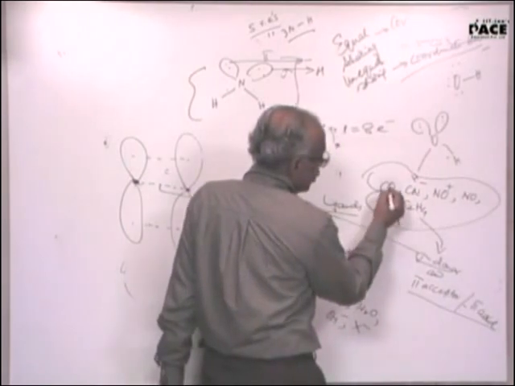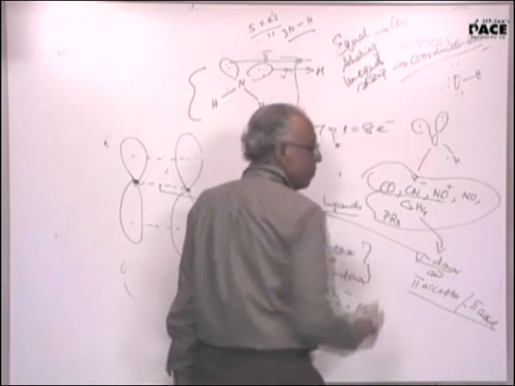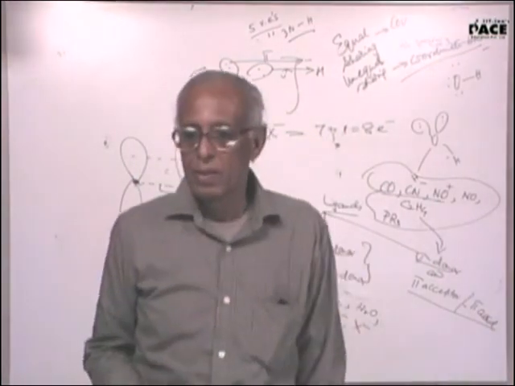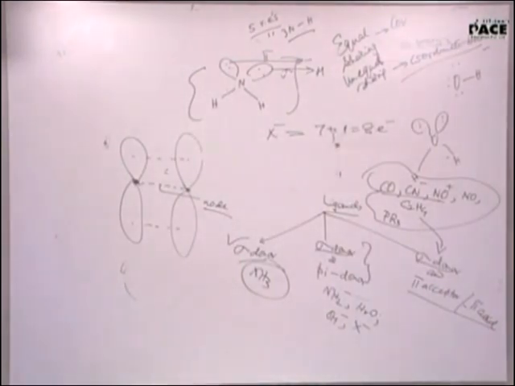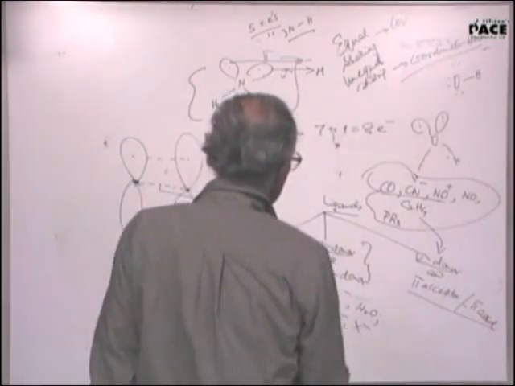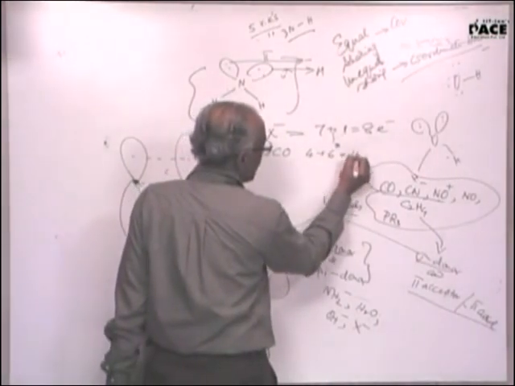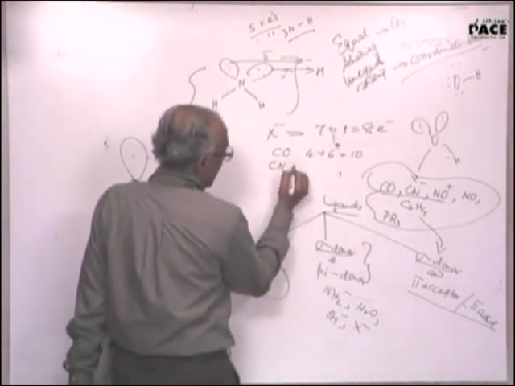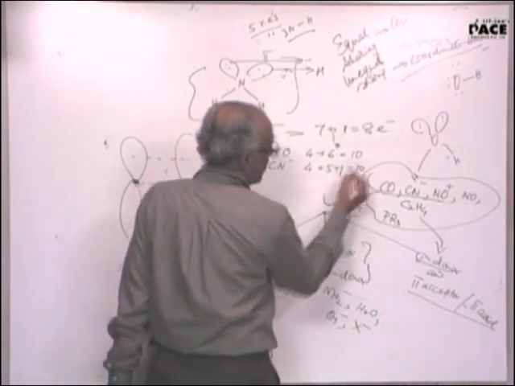CO, CN minus, NO plus, they are all isoelectronic. Are they isoelectronic or not? Carbon monoxide: 4 plus 6, 10. CN minus: 4 plus 5 plus 1, 10.